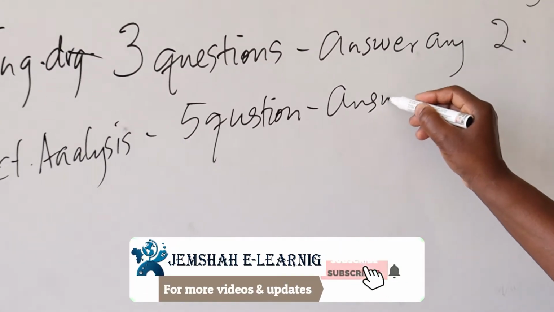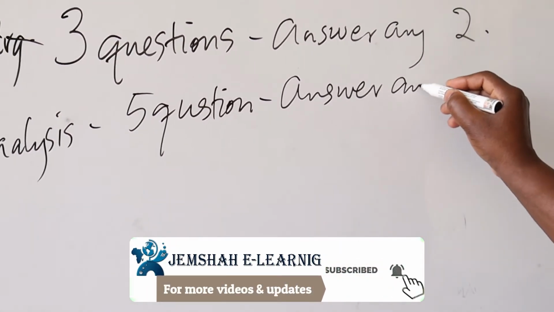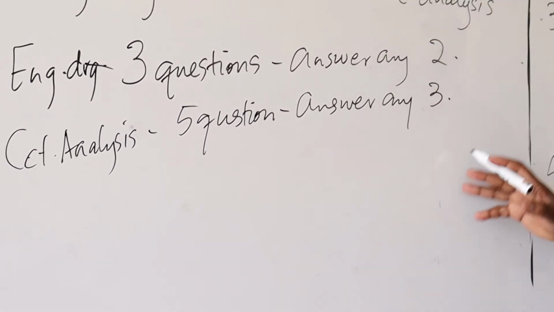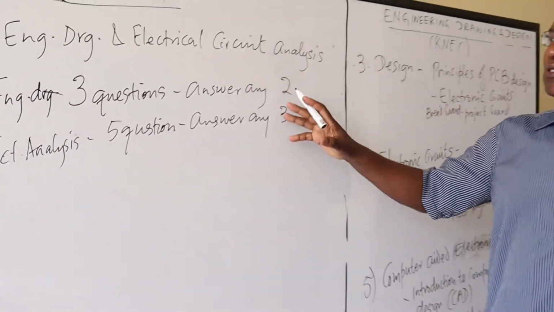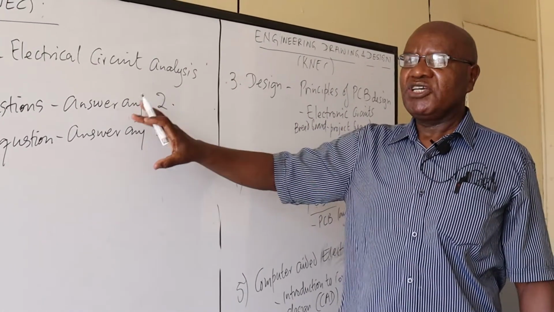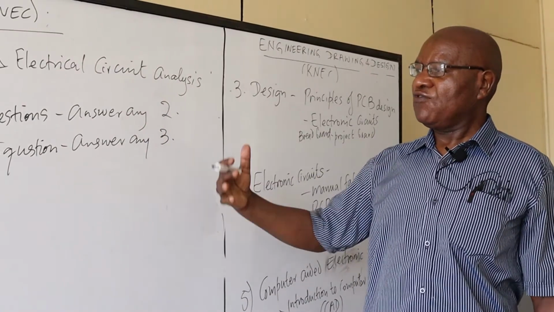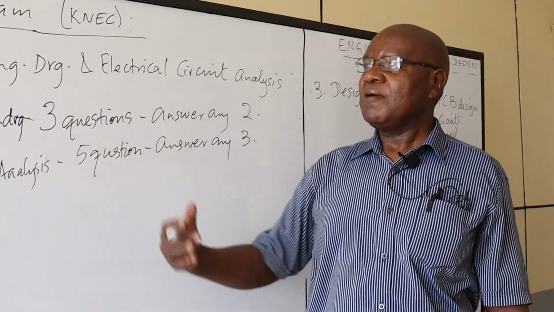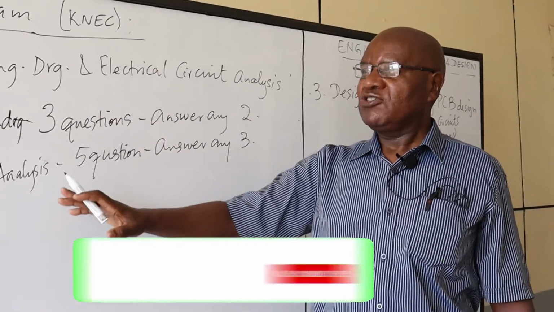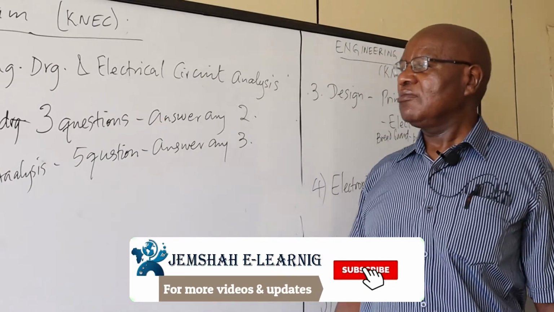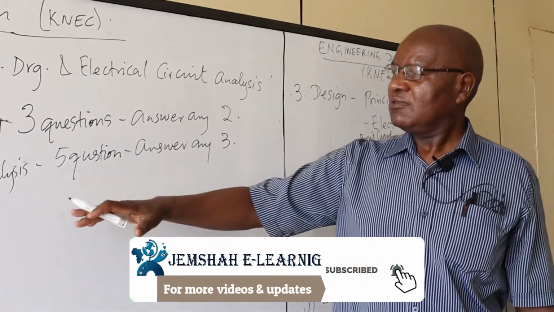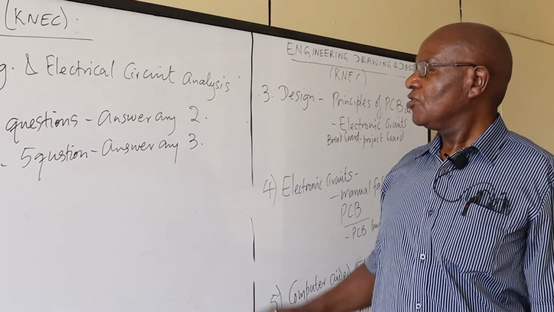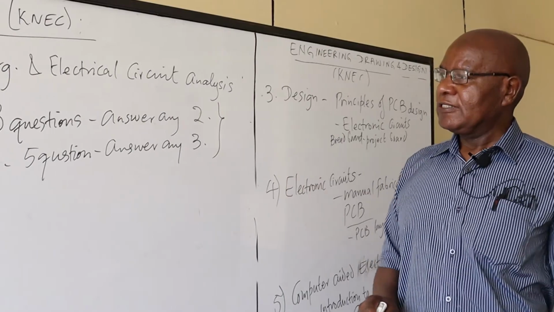You answer any 3. Now, one thing I like stressing to students is that sometimes these sections are interchanged. In one paper, of late, the majority of cases, circuit analysis is usually section A, engineering drawing section B. But I've seen some papers whereby engineering drawing is in section A, circuit analysis in section B. So don't always assume to start with circuit analysis and then engineering drawing. So that's how your exam will be set.